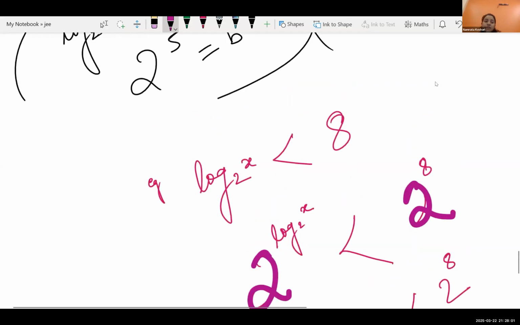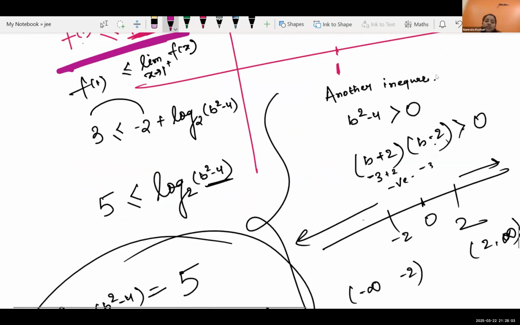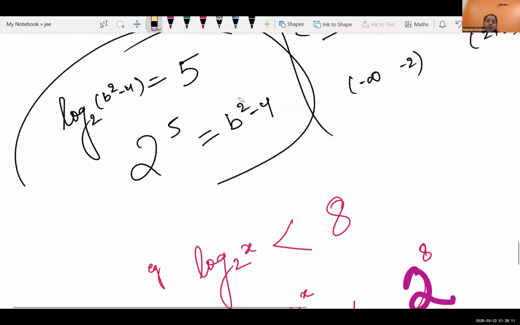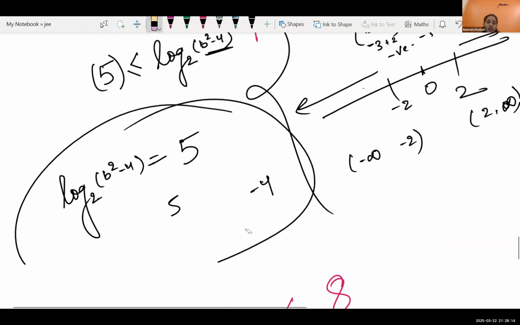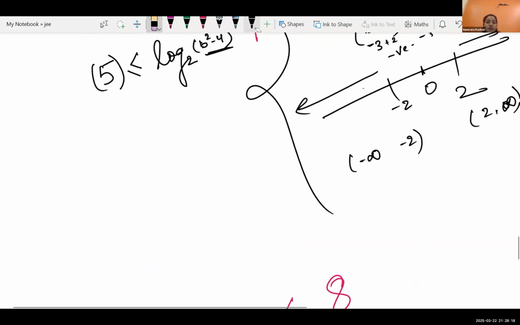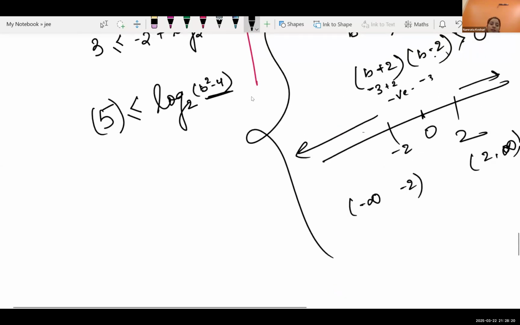Okay, so if we use the same logic over here, whatever is there we are going to take as a power of 2, and there also whatever is there we are going to take as a power of 2. Logarithm to exponent form is fine, but while solving the inequality we can treat it this way. Why 2?